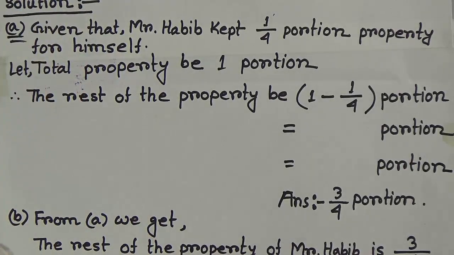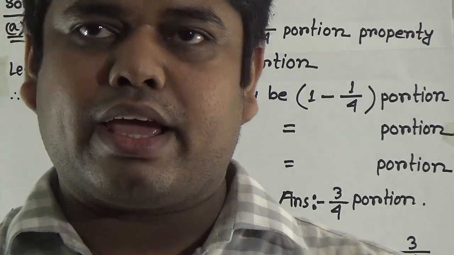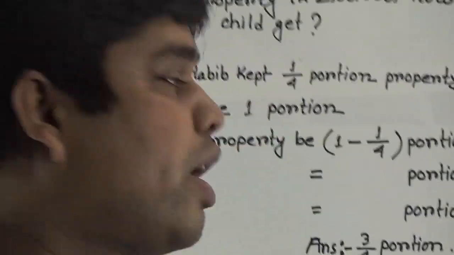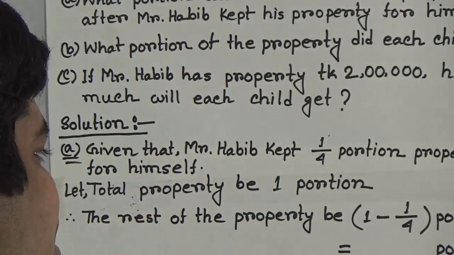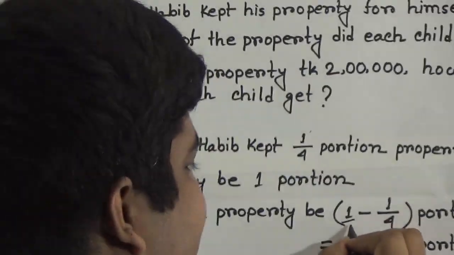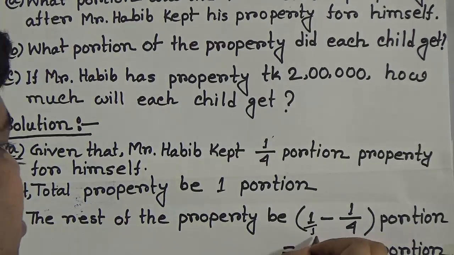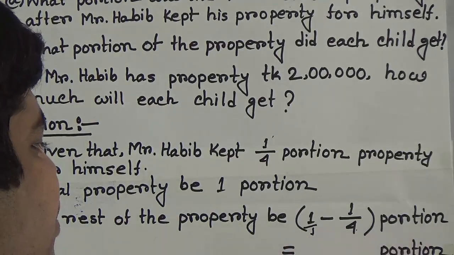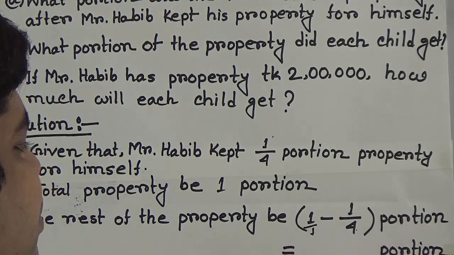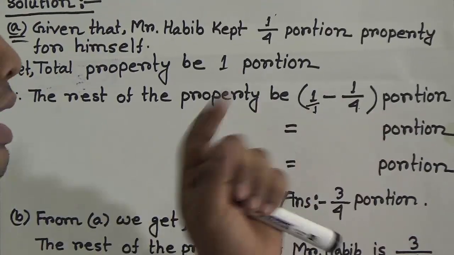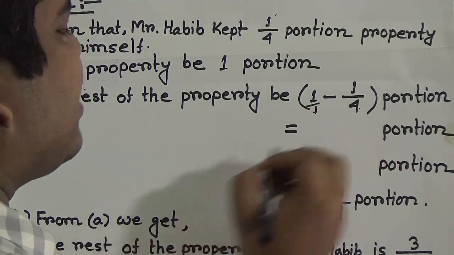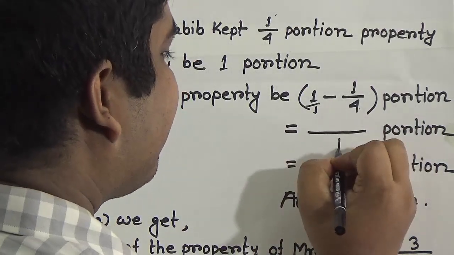We know that every number has a denominator which is 1. So here we consider the denominator 1 for the number 1, and the other denominator is 4. Now we find the LCM of 1 and 4. What is the LCM of 1 and 4? The LCM of 1 and 4 is 4.